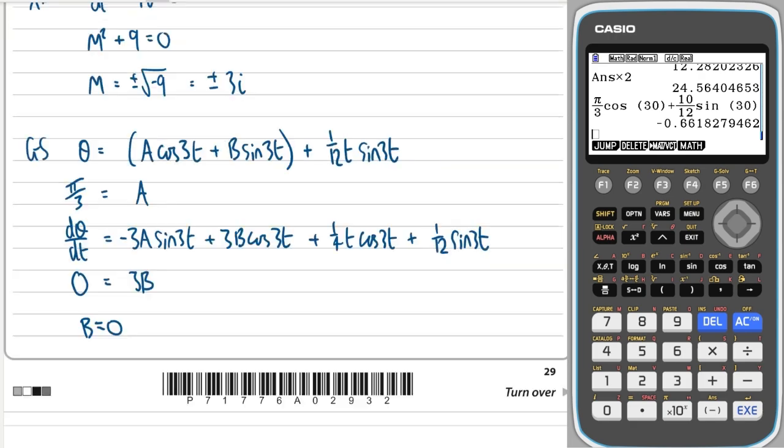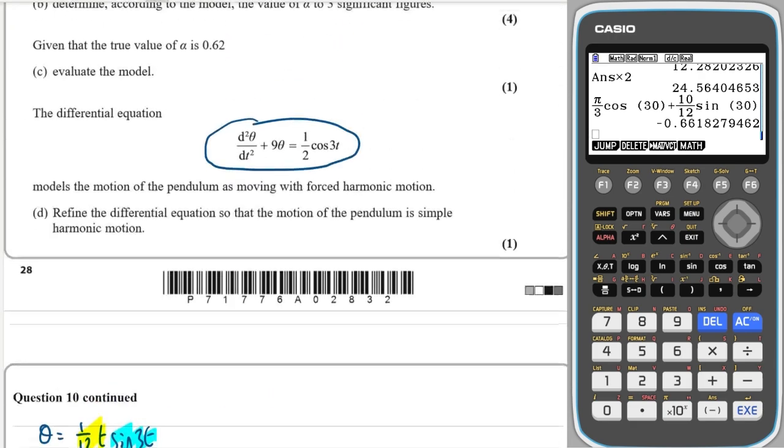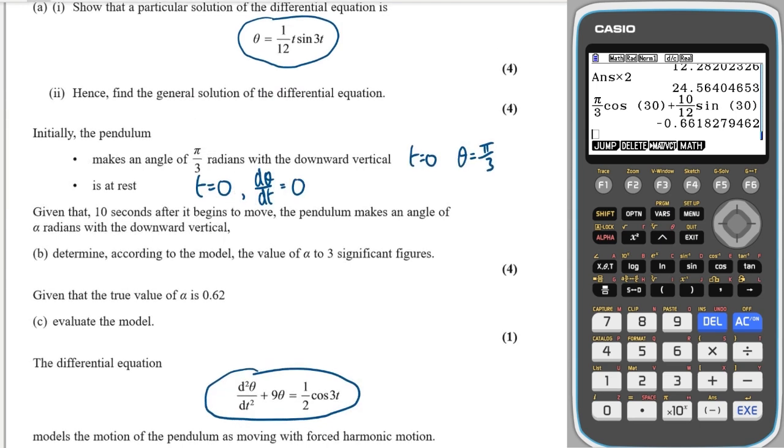Just quickly double check what the question actually asked us. It says that the pendulum makes an angle with the downward vertical. Determine, according to the model, the value of alpha to 3 significant figures.